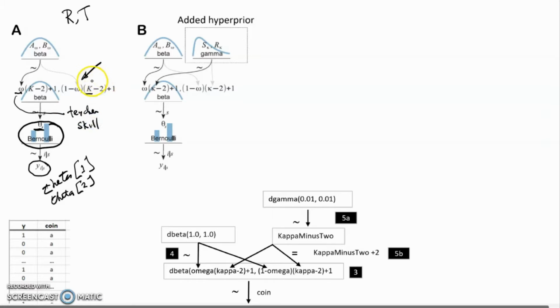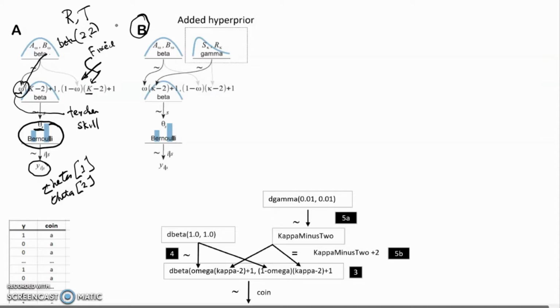And to keep things simple, we fixed kappa. The prior for omega was assumed to be a relatively flat prior of beta 2,2.